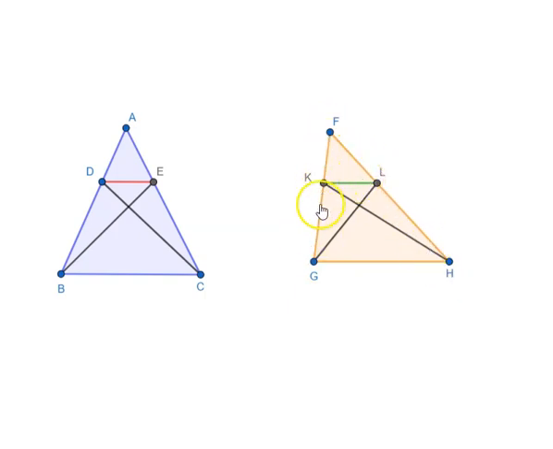Triangles FKL and KGL are under the same height. Triangles GKL and FKL are going to be in the same ratio as FK is to KG. Similarly, triangles FKL and HKL are going to be in the same ratio as FL is to LH.